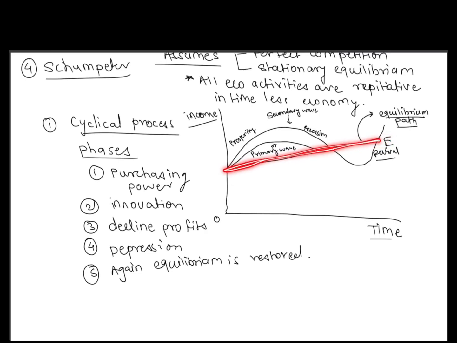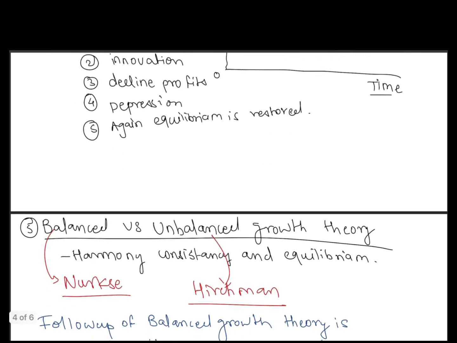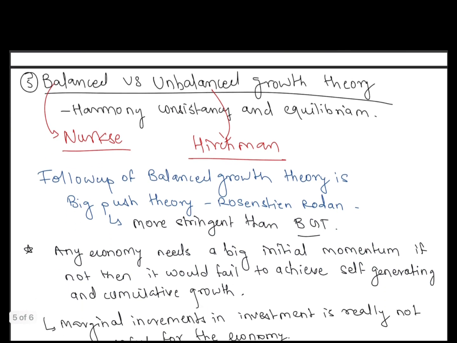The fifth one is balanced and unbalanced growth, where balanced growth is given by Nurkse and unbalanced growth is given by Hirschman.